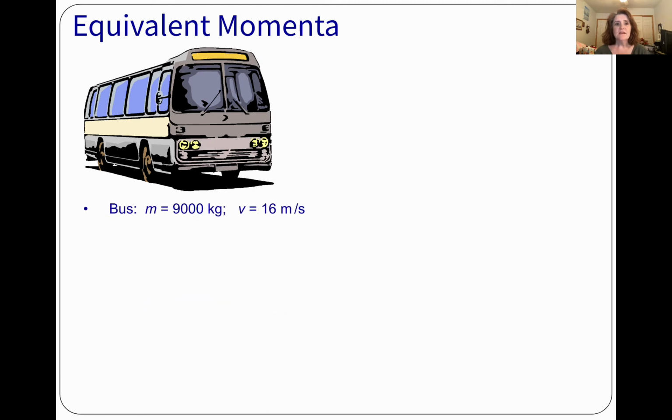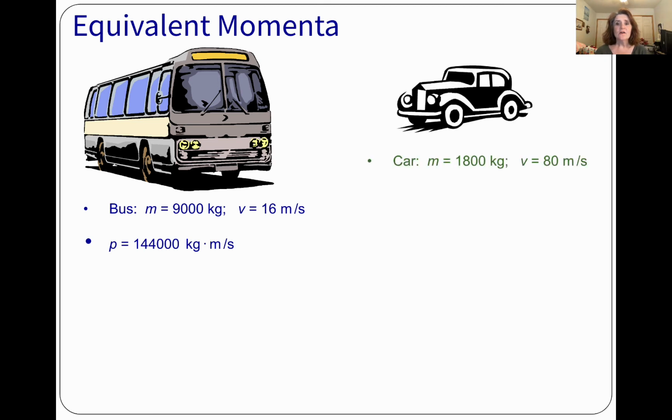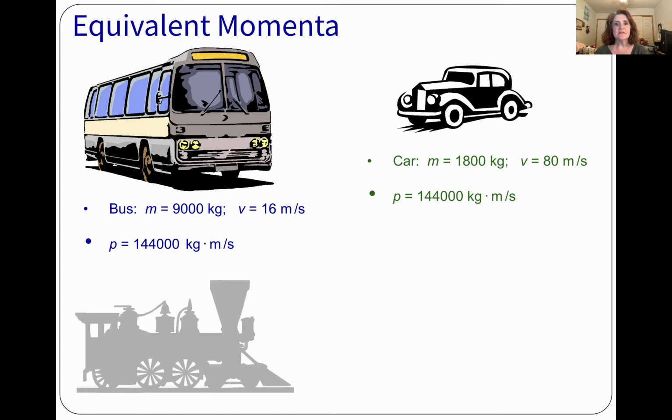A bus has a mass of 9,000 kilograms moving at 16 meters per second, has a momentum of 144,000 kilogram meters per second. A car that has a mass of 1,800 kilograms but is moving at 80 meters per second also has a momentum of 144,000 kilogram meters per second.